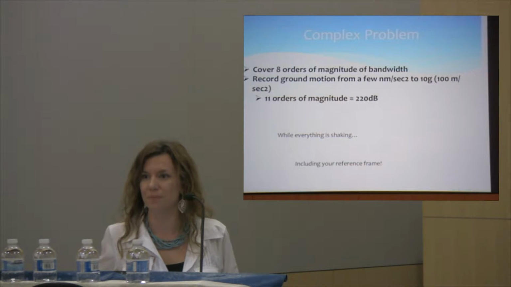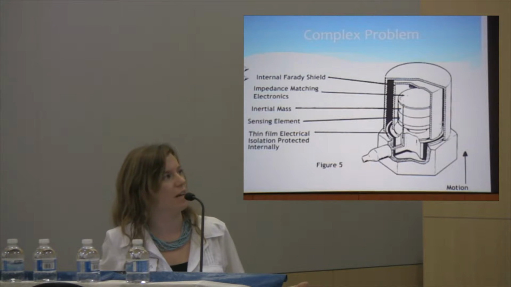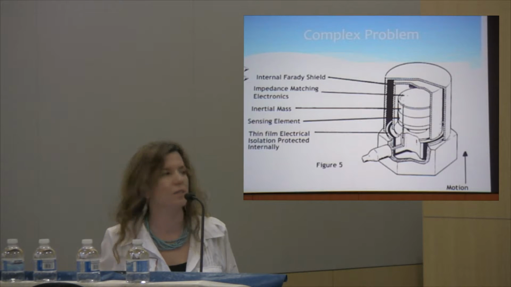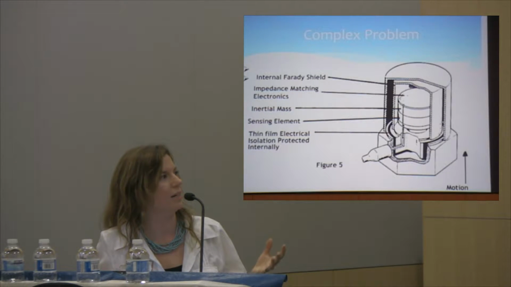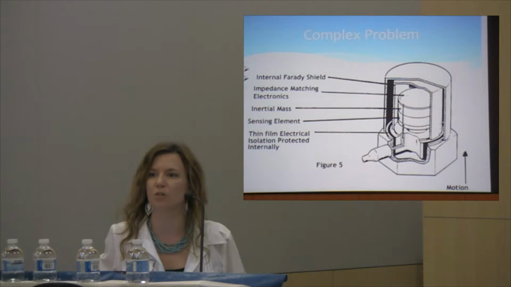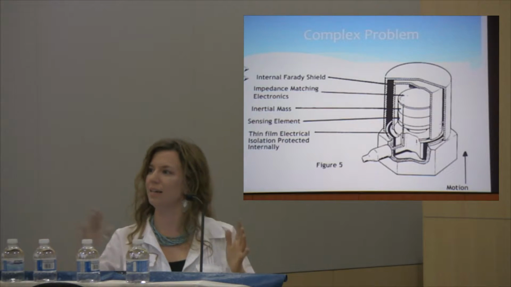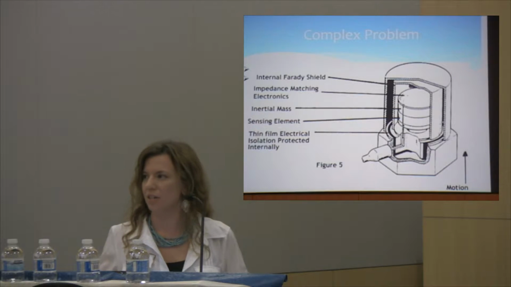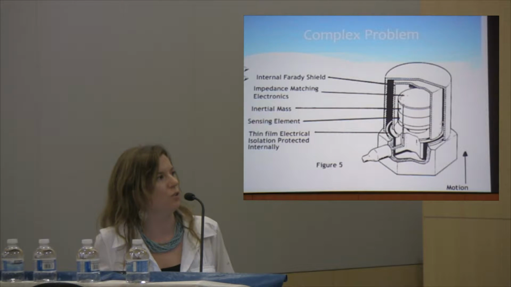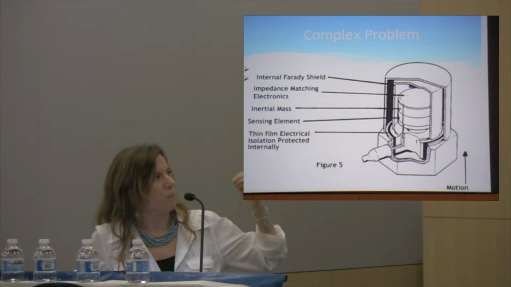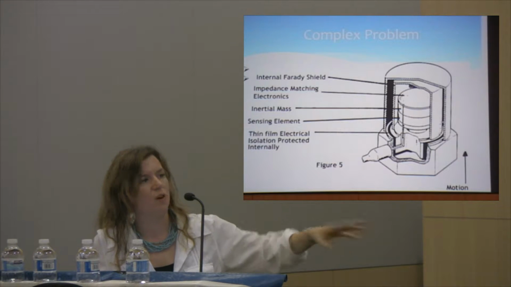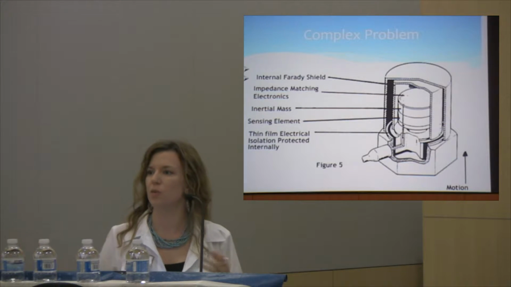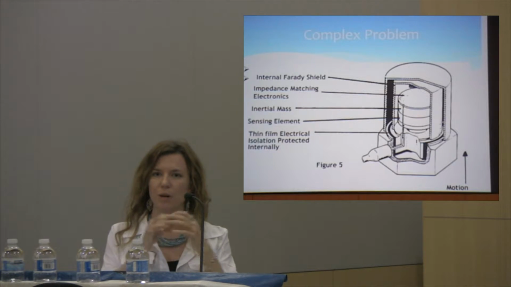But yes. So nowadays we have more fancy instruments because we know that we get an inertial mass and we can damp it. And then it's not as influenced by the whole shaking of the world. And you use different sorts of electronics to amplify the parts of the signal you want.